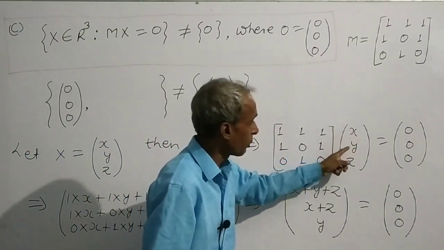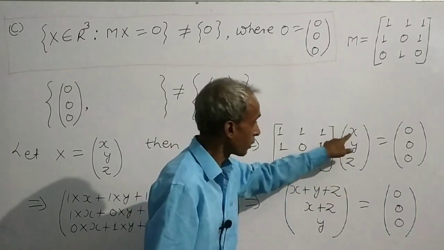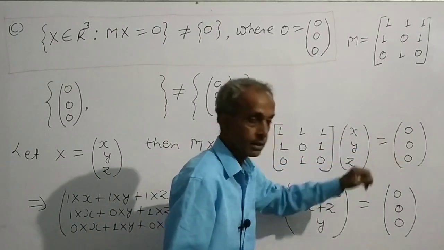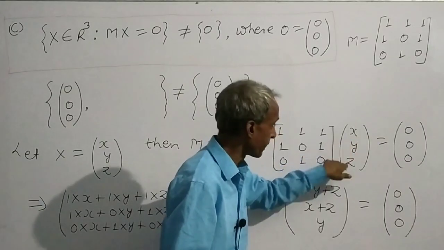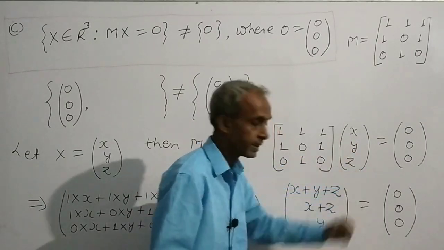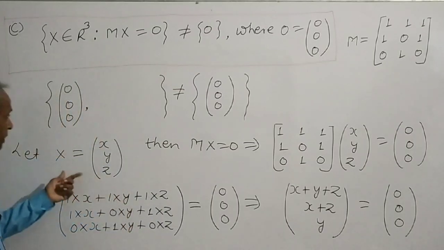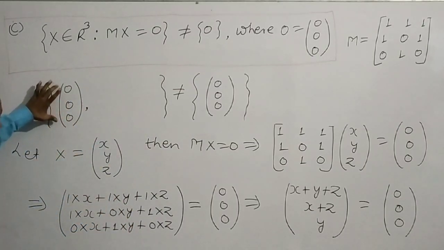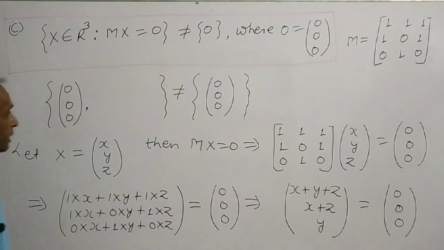If X, Y, Z are 0, then this will be like this, which is zero matrix. Zero matrix will certainly satisfy this condition. Therefore, in this set, this zero matrix will be an element.